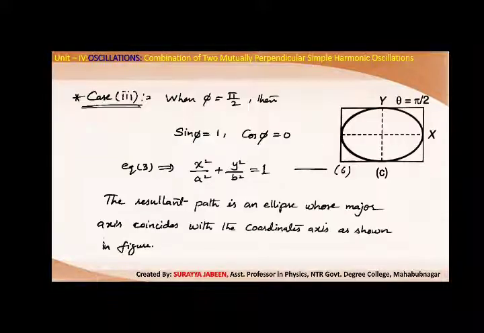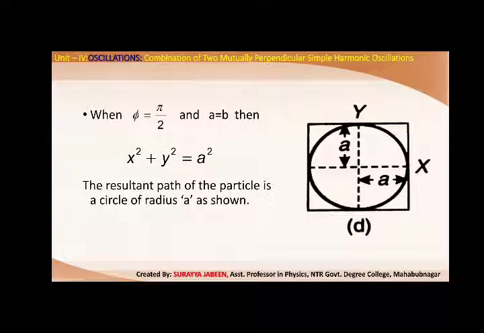Same as we got here, an ellipse having a semi-major axis and semi-minor axis A and B. Here A and B are equal, so it will now transform to a circle. The same figure is converted into a circle when A equal to B. So this is also the third case only, when phi equal to pi by 2, when the simple harmonic vibrations have a phase difference of pi by 2.